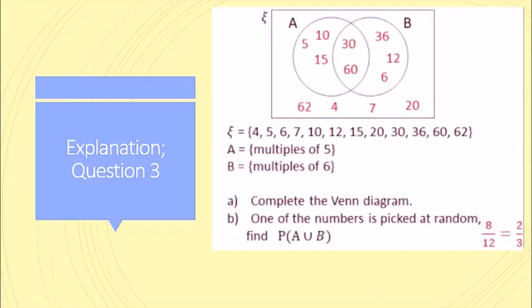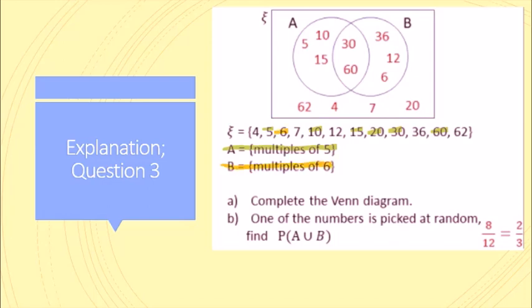Fantastic, well done. So first of all, in circle A, I need to put all the numbers that are multiples of 5. So that's 5, 10, 15, 20, 30 and 60. In circle B are the multiples of 6.